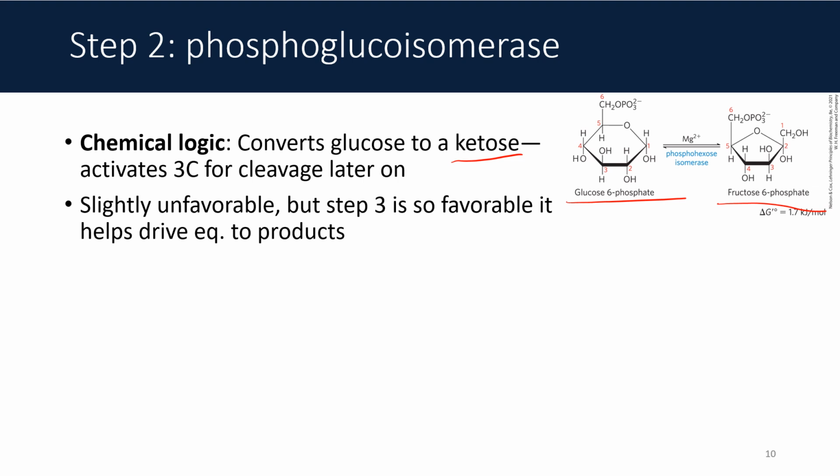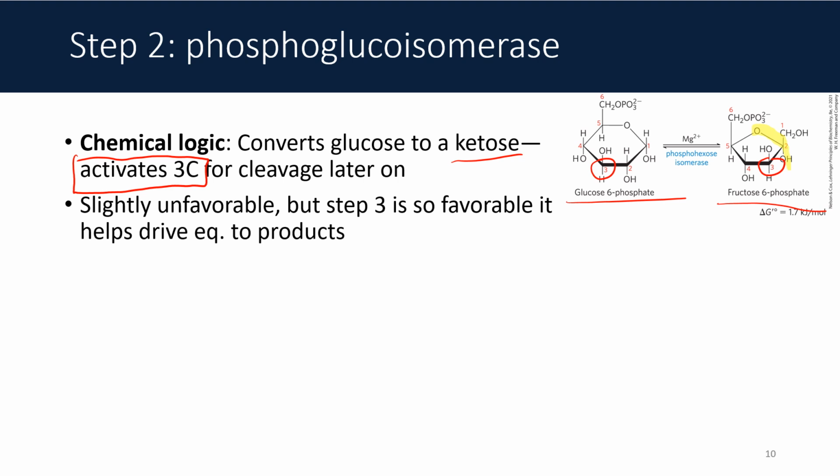And the reason why we are doing that, the chemical logic, is that it will activate the third carbon for a cleavage step that occurs later on. And this happens because we are moving C3 over here, which is right next to the hemiketal, which is pretty reactive. This will make more sense later on, why that's activating.